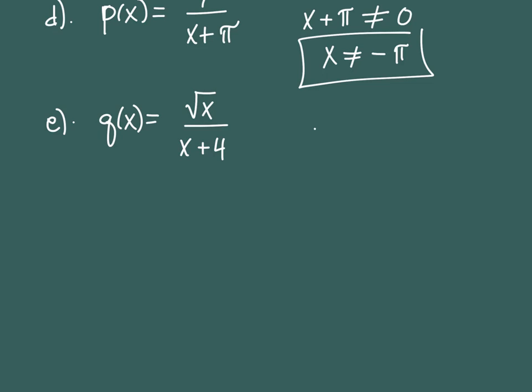So we're going to use both symbols. We're going to use greater than or equal to 0, and we're also going to use not equal to 0. Which part is controlled by the square root rule? The numerator, just the x, just what's in the square root.